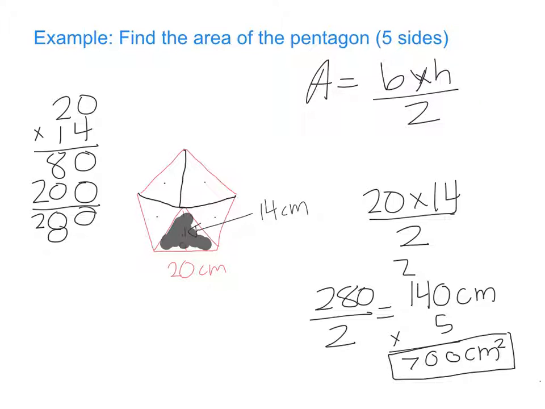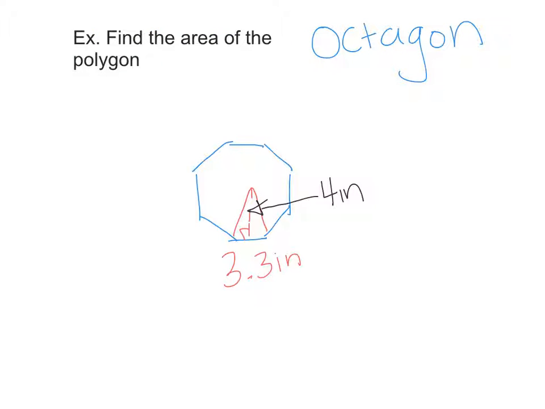Just to review, I found the area of one of my triangles, which was 140, and I multiplied it by how many triangles were in my pentagon, which gave me the total area of the whole shape.